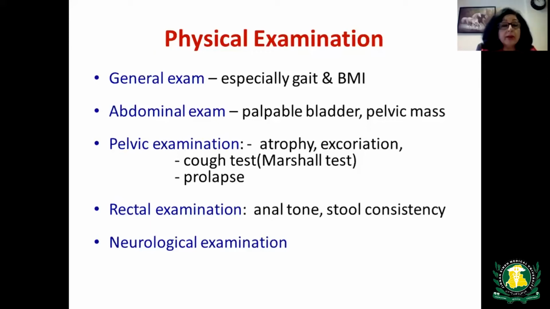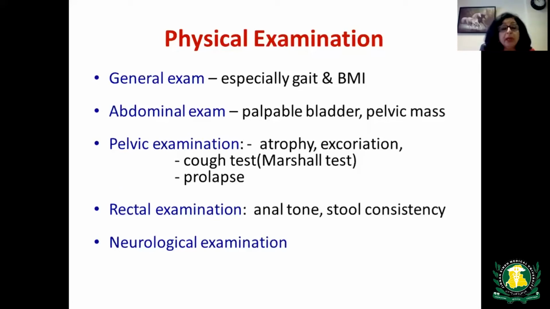In addition to that, rectal examination. In gynecology, we don't always do rectal examination, but it is very, very important because sometimes on superficial examination through the vagina, you may not be able to demonstrate a prolapse.